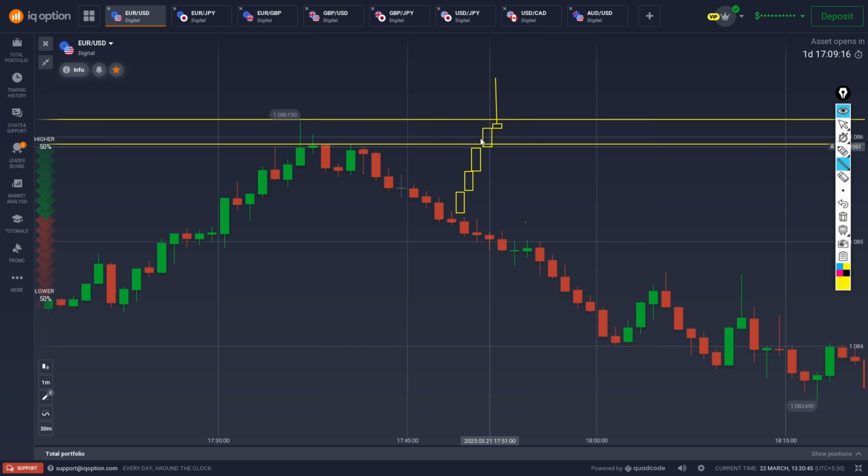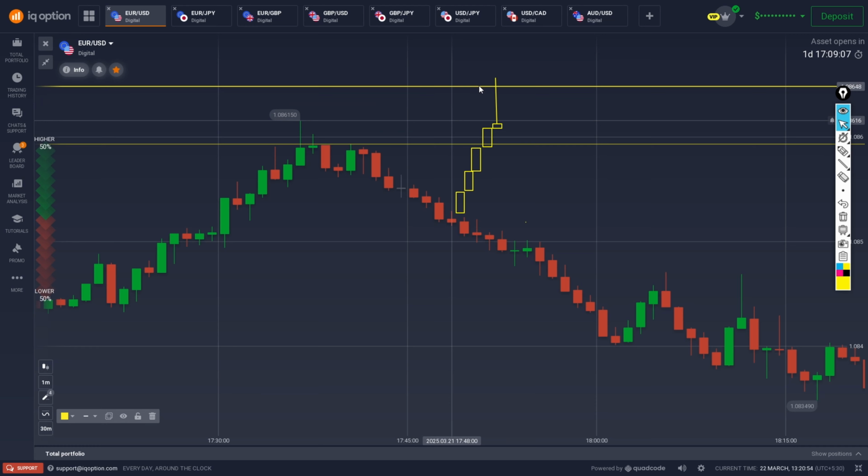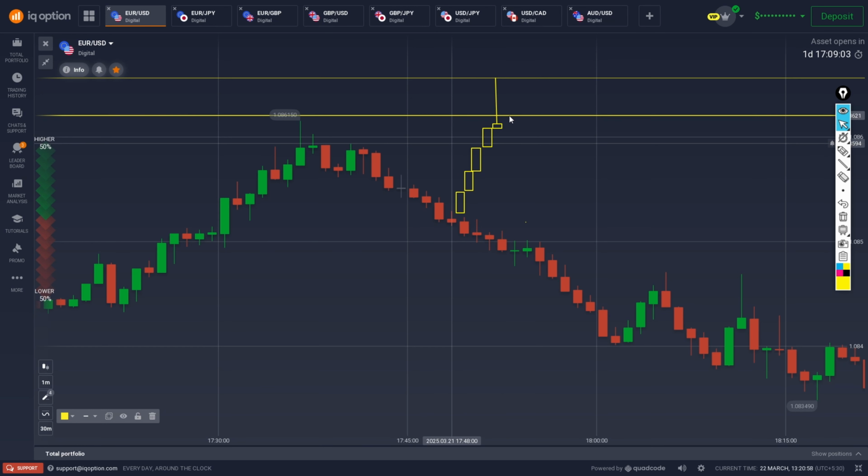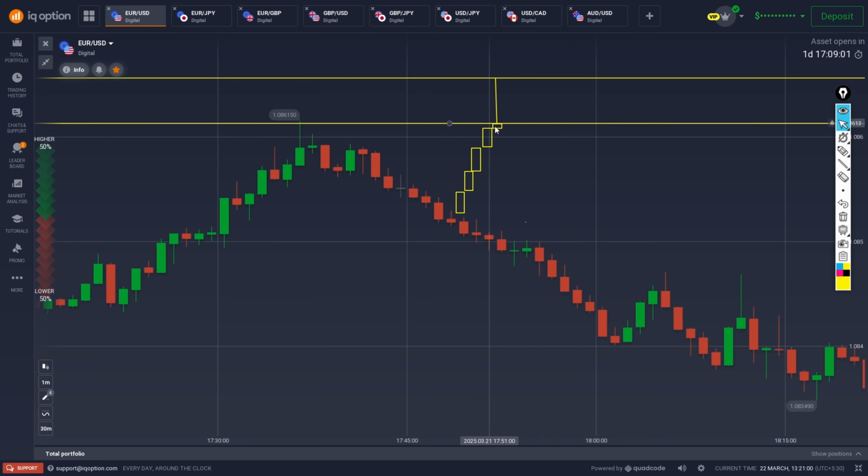So this is also not a breakout, but in this case you need to update these zones. And how can you do that? Simply use the wick and the body of the nearest candle, which is here. So this is now your updated zone.